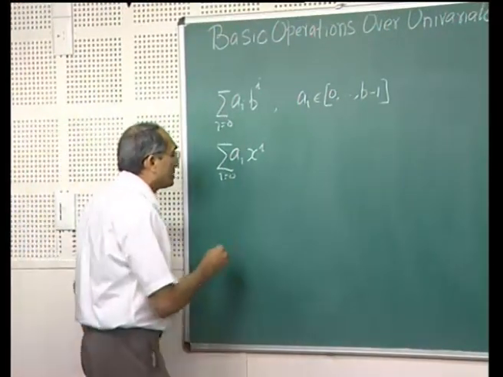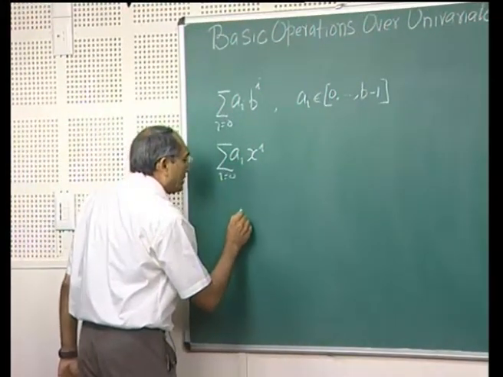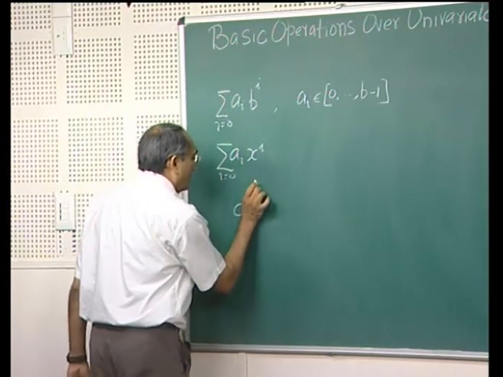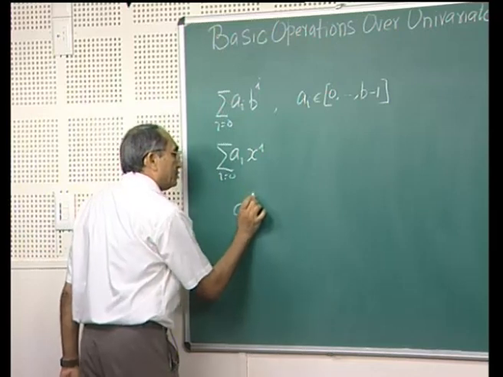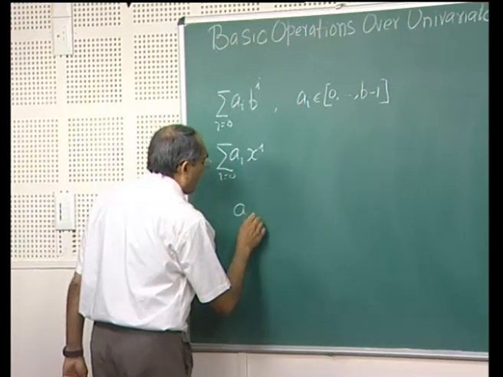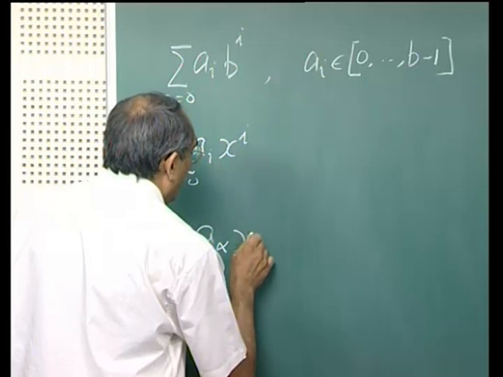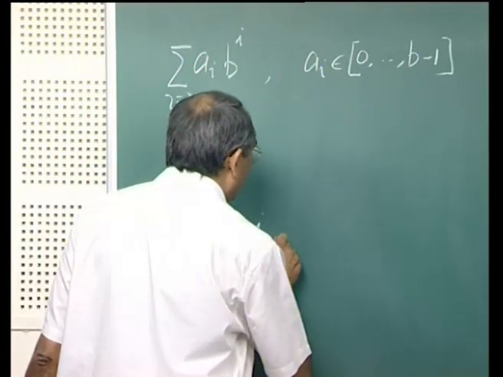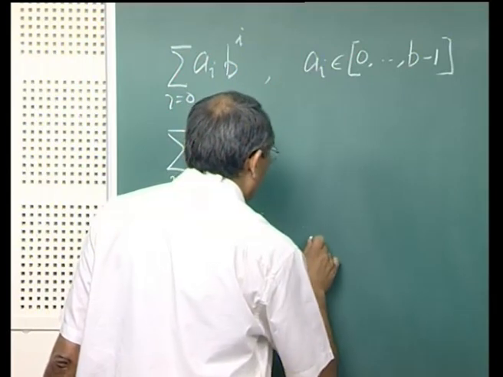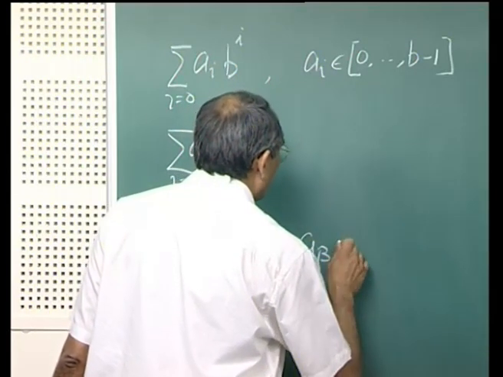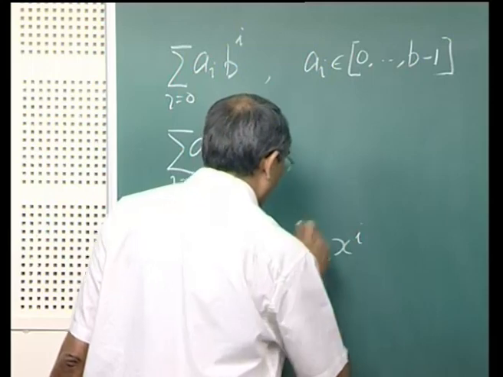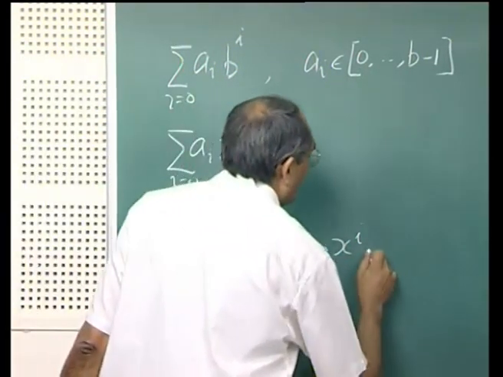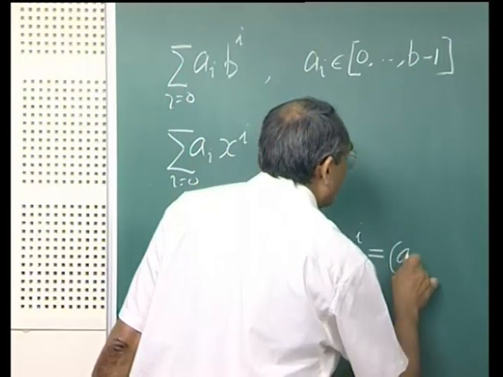For example, suppose you take two terms, a_alpha x^i plus a_beta x^i. If we add these two terms, in case of polynomials, all we have to do is add the coefficients.